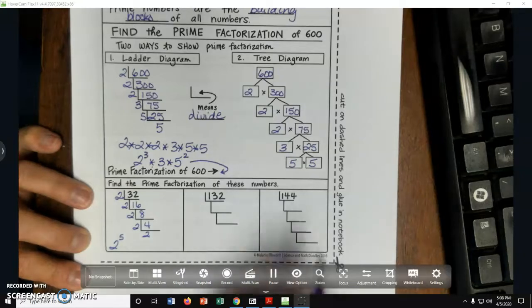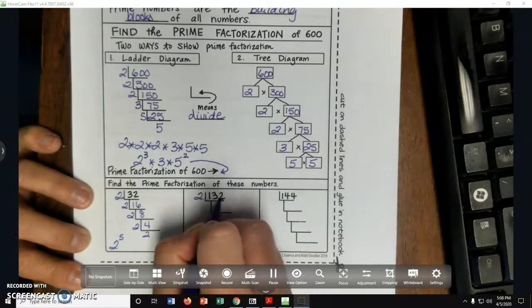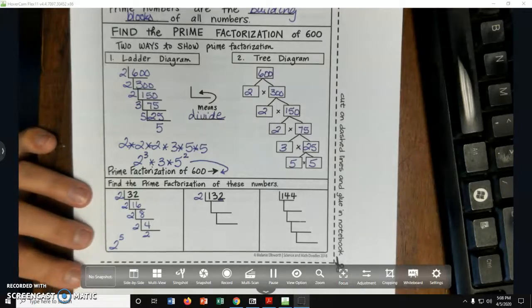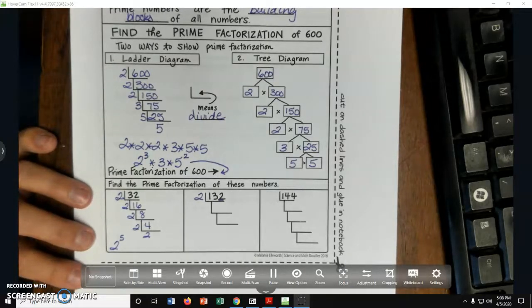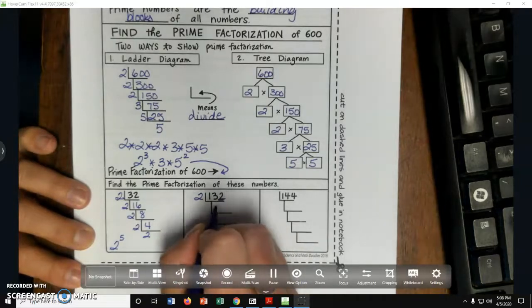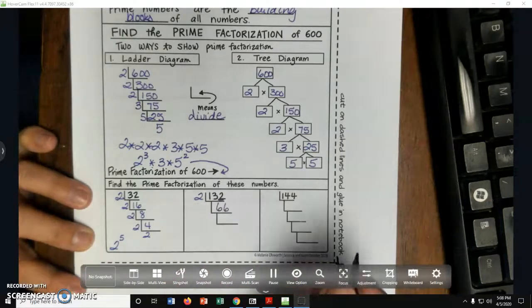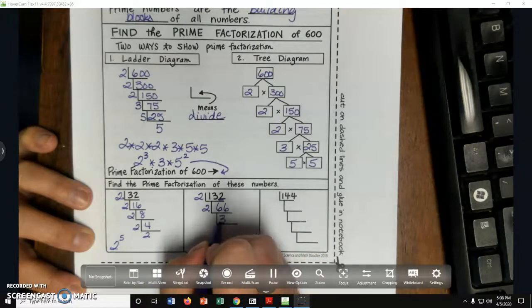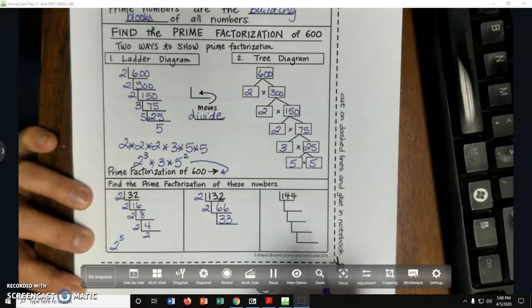All right. Next one, 132. Is 132 divisible by 2? Yes, because it is even. All right, so what is half of 132? 66. Okay. Is 66 divisible by 2? Yes, because it is even. What is half of 66? Well, that's 33. Is 33 divisible by 2?